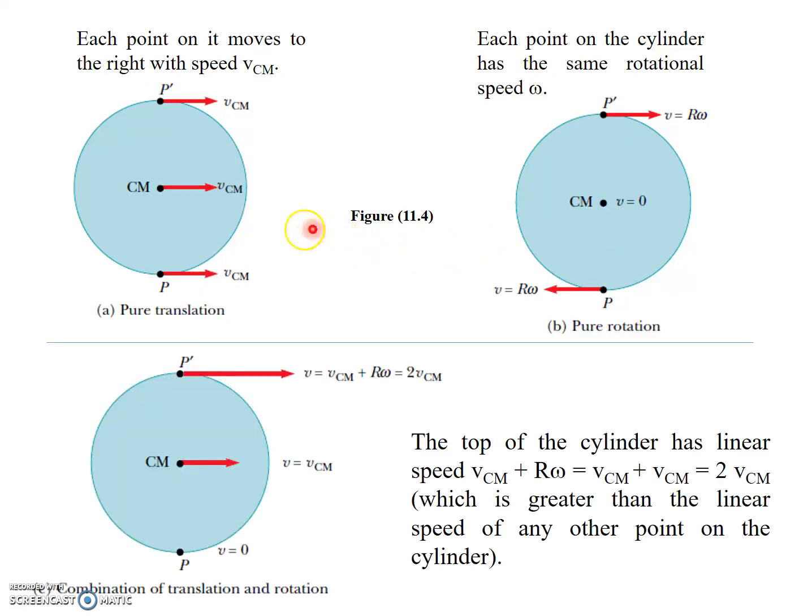But rolling motion is actually the combination of translational and rotational motion. So at point P prime, the speed is the combination of the linear speed and the rotational speed, which equals 2 Vcm. At the center of mass, the speed equals the speed of the center of mass, while at the contact point P, the speed equals 0.